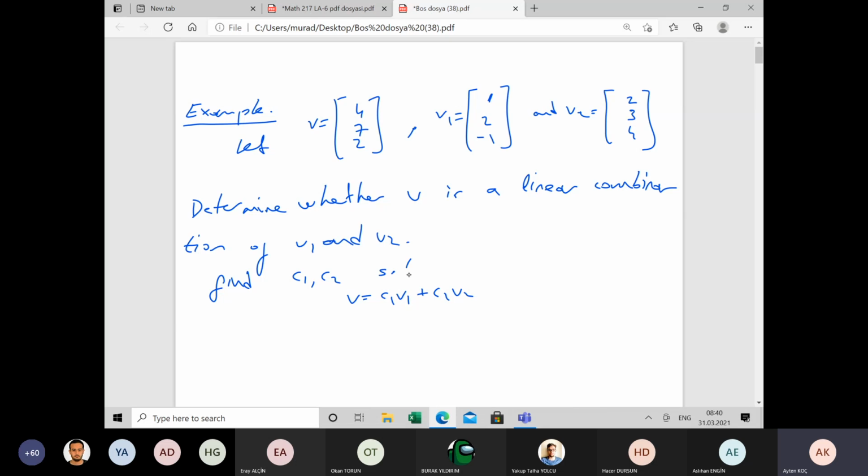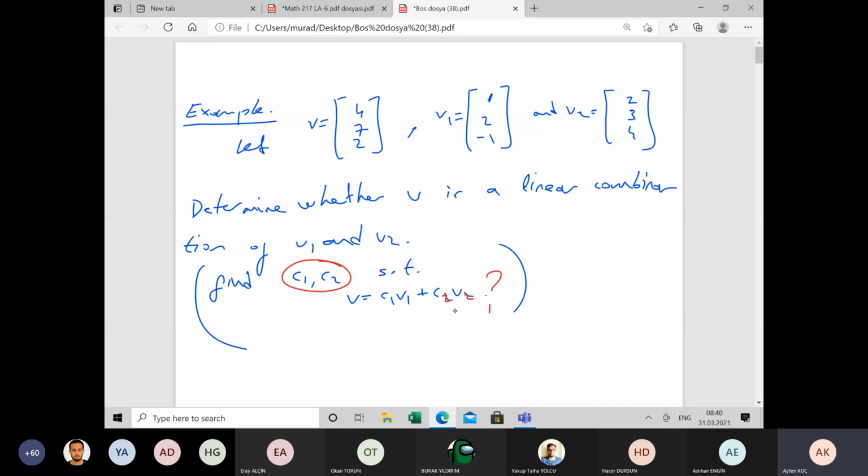If there exist C1, C2, yes, V is a linear combination. If the coefficients do not exist, then V is not a linear combination of the vectors.